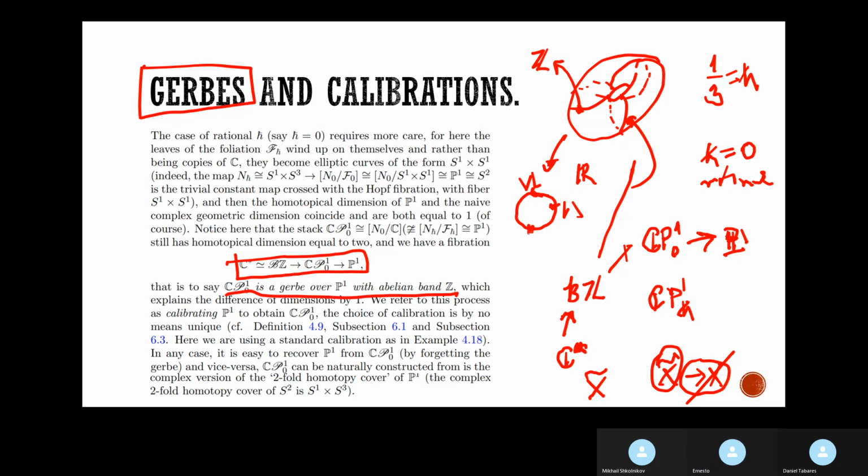And because this is BZ over S1, this becomes, again, a two-dimensional torus. So the correct dimension all along was 2 when I think of the additional calibration.